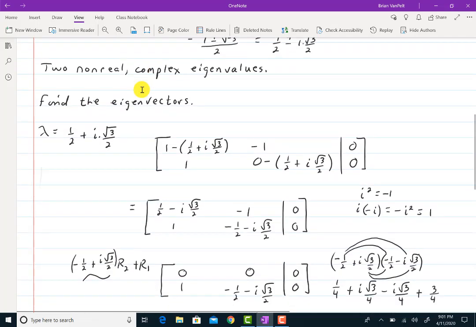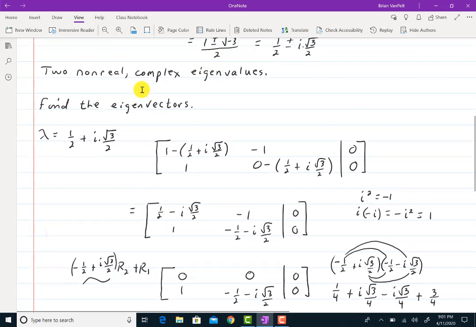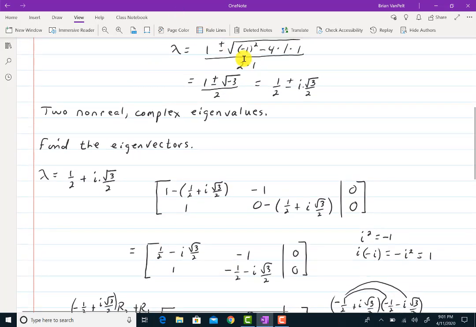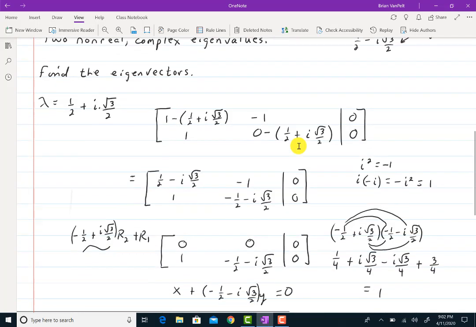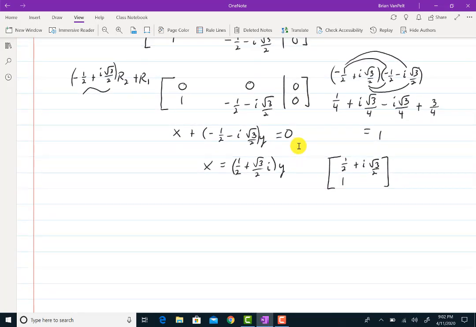So with that happening, you'll notice that I got two answers: 1/2 plus i radical 3 over 2, and the other one was 1/2 minus i radical 3 over 2. Well, this second piece is called the conjugate, and you're guaranteed to get that conjugate each time. So this here is one vector.